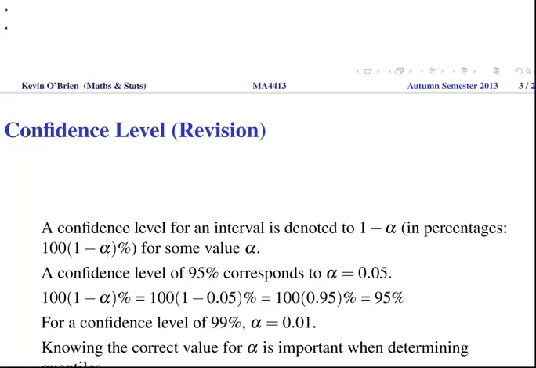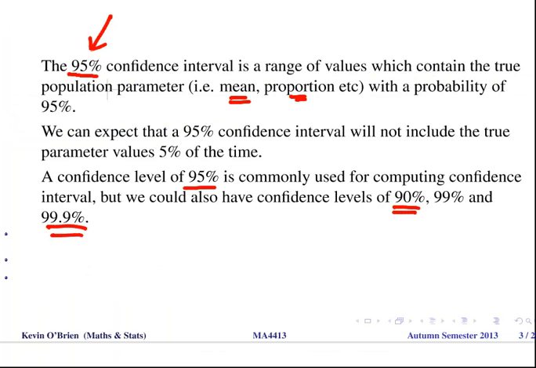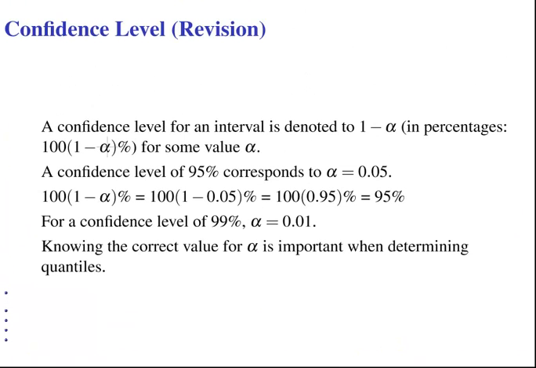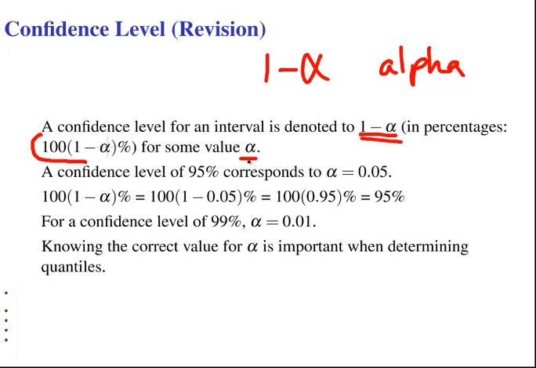Okay, so some of the notation here. This is quite important. A confidence interval is denoted 1 minus alpha, that's alpha there. Or in terms of a percentage, you might write it as 100 times 1 minus alpha for some value alpha.